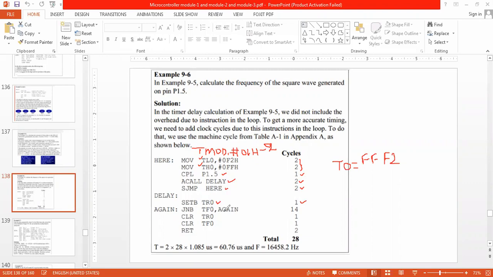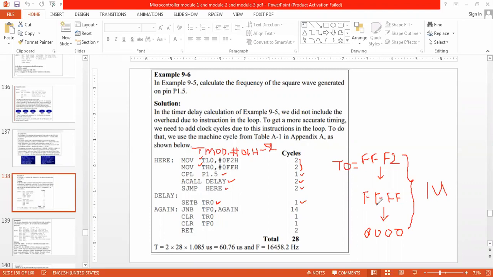JNB TF0, again. Here, whenever I set TR0, the timer will start incrementing. Correct? Maximum value will be FF. And when it goes from FFFF to 0000, how many counts in total? 14.